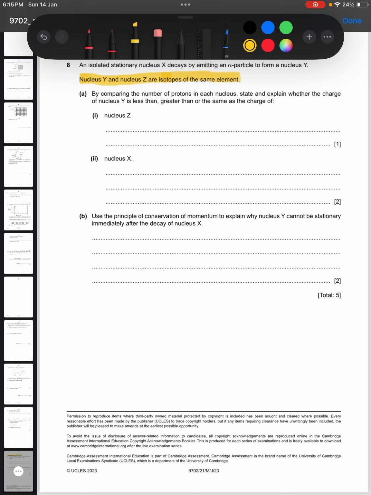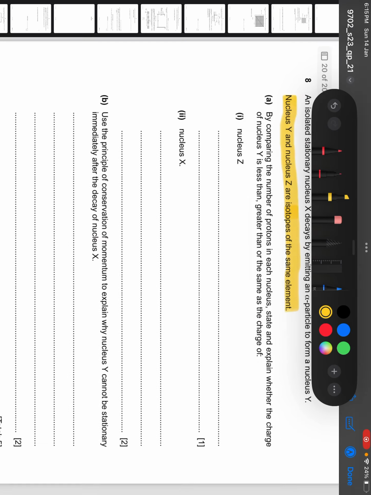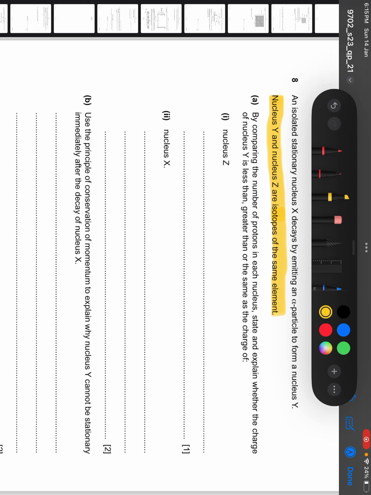By comparing the number of protons in each nucleus, state whether the charge of nucleus Y is less than, greater than, or the same as the charge of nucleus Z. So nucleus Y and nucleus Z, we said that they are isotopes.